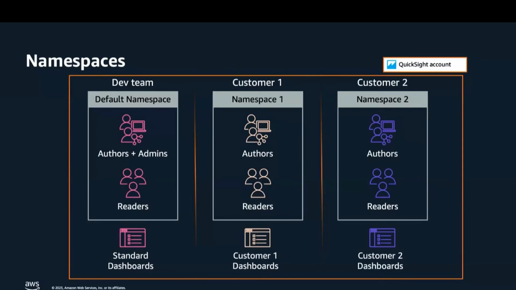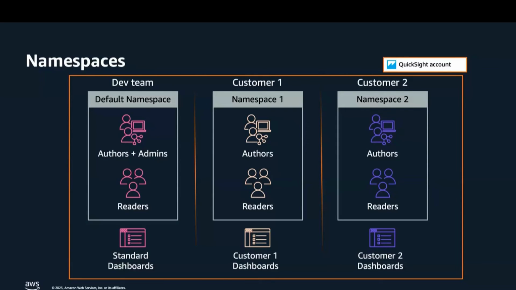Now, namespaces was a concept that I tossed and turned about including in today's session. But if you are an ISV offering self-service authoring to your customers, or even if you're just an organization interested in containing and isolating your various departments and teams, namespaces is definitely a construct that you should be aware of. So within QuickSight, namespaces are logical containers that we can use to organize and segregate our users.